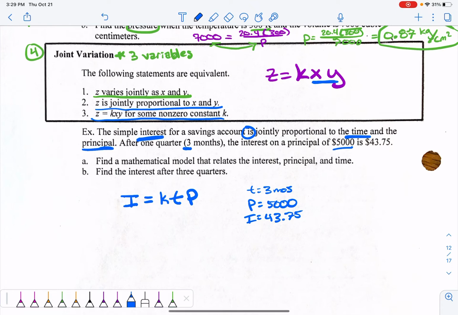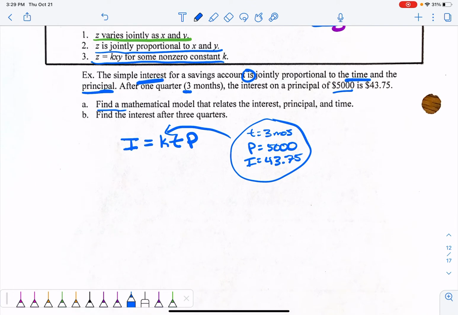Okay, and they're wanting us to find a mathematical model. So that's just saying, using this information, solve and tell me what the k is. Okay. And when we do anything that's involving time, since we only have one unit that involves time, we can choose whether we represent this number in months or in years or whatever we want to use.